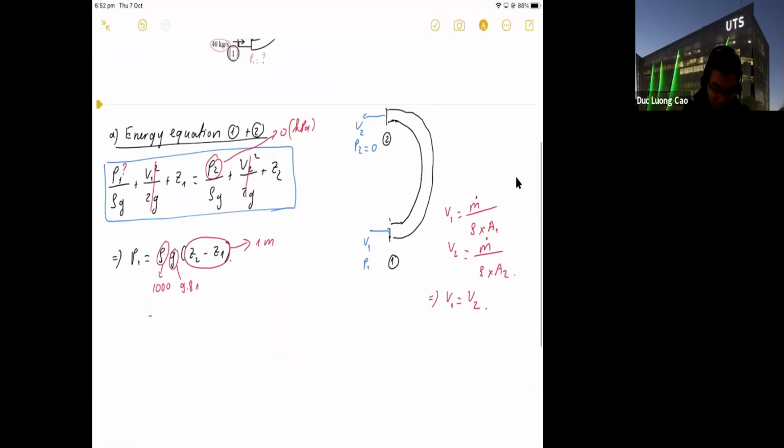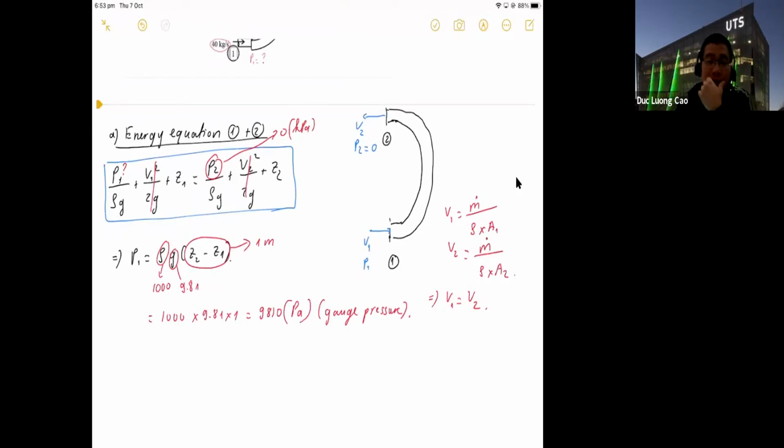So P1 equals 1000 times 9.81 times 1, or 9810 Pascal, gauge pressure. So you can find the pressure from the energy equation. Got it?